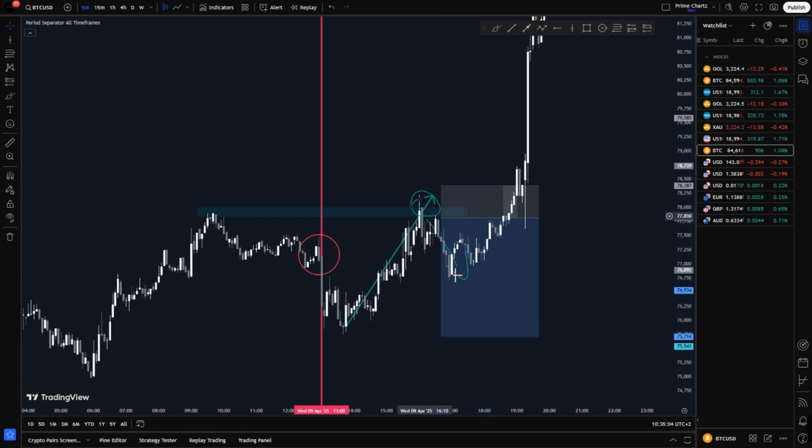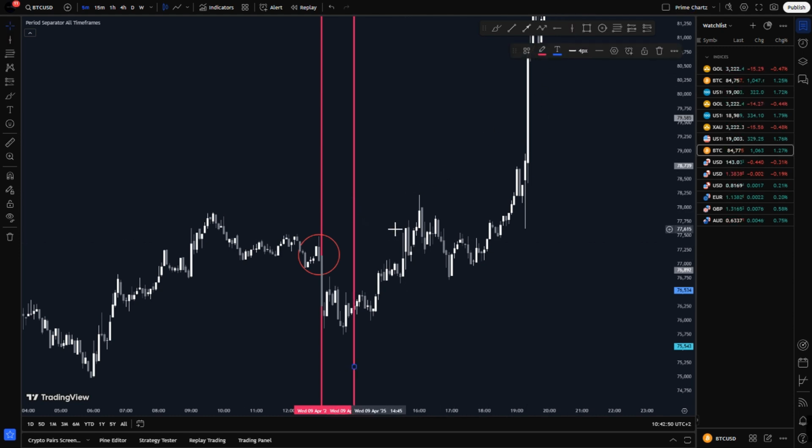Now let's see how the original 714 method performed on this exact day. First things first, we add the 2 p.m. vertical line, followed by the opening price line at exactly 1 p.m. Now once that's done, we start to observe price after 2 p.m. So what happened?